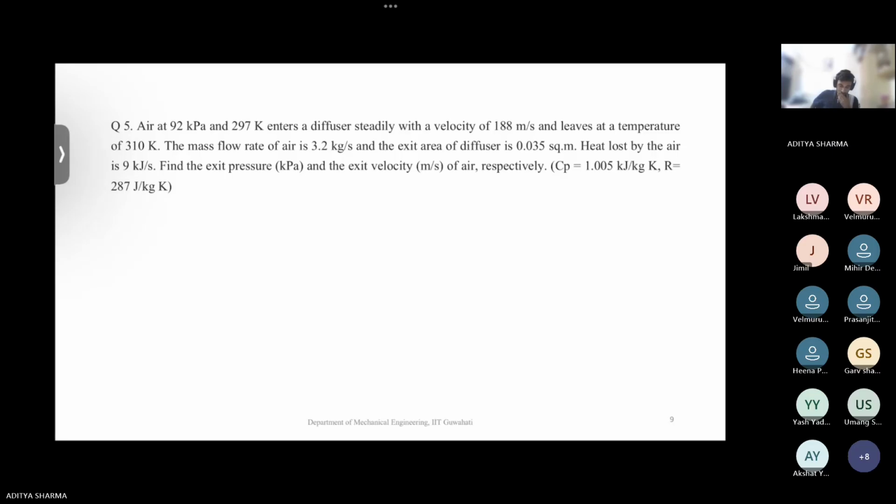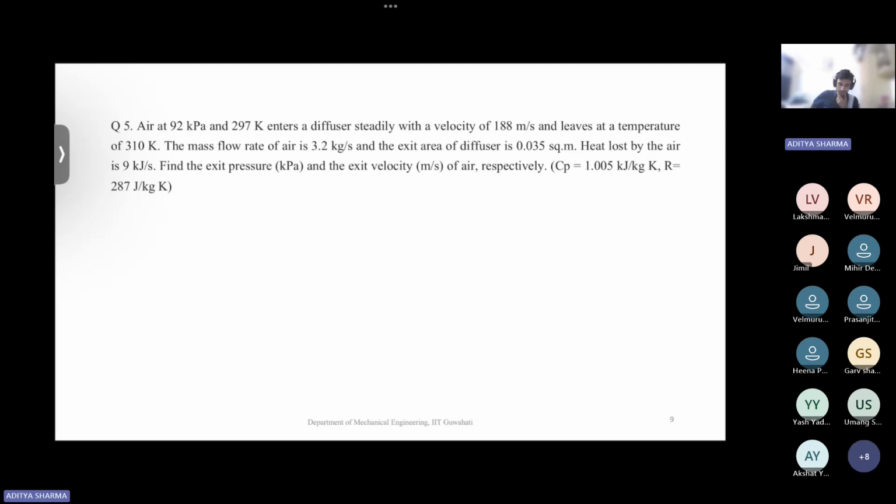Okay. Then we have a diffuser with entry velocity this and the fluid leaves at temperature 310 Kelvin. Mass flow rate has been given this.